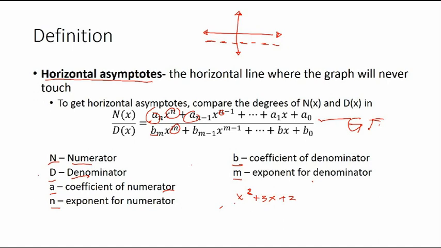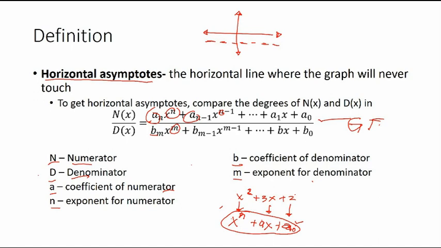So, si a ay 1, so you have x. Tapos si n, si 2. So kung tulad lang natin siya sa general form, ito lang din ang itsura niya.